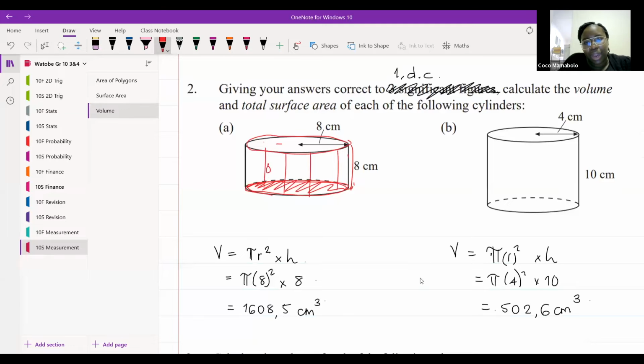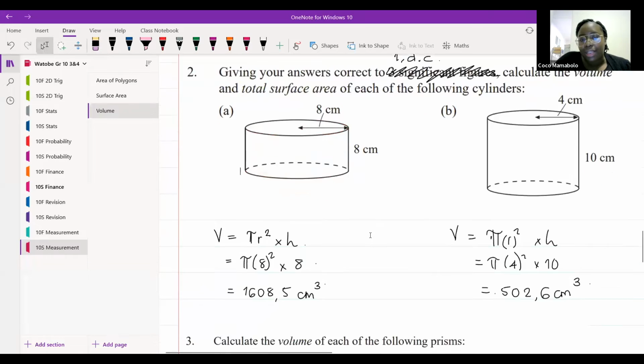My height everywhere is going to be 8 centimeters, 8 centimeters, 8 centimeters. Give me a thumbs up if what I'm saying makes sense. Do you guys agree? All the way around my shape, the height of my shape is going to be 8 centimeters. Yes? You guys with me? Excellent. All right. We're all on the same page.